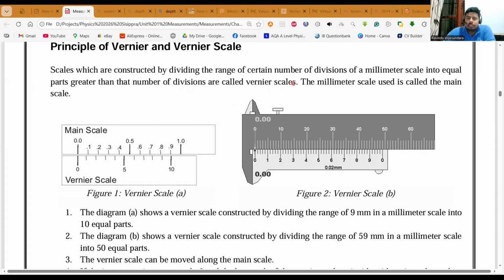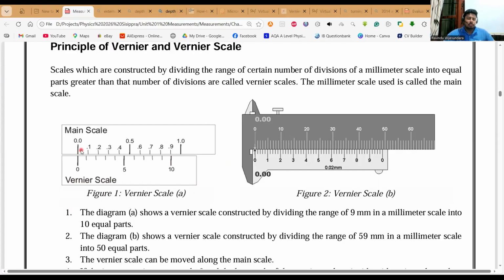You may think that it is a bit confusing, but it is not. You can take the simple idea. You don't need to keep these definitions in mind, but you need to understand the Vernier principle.